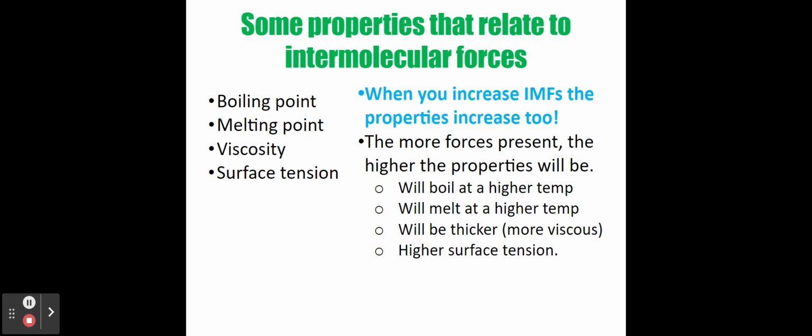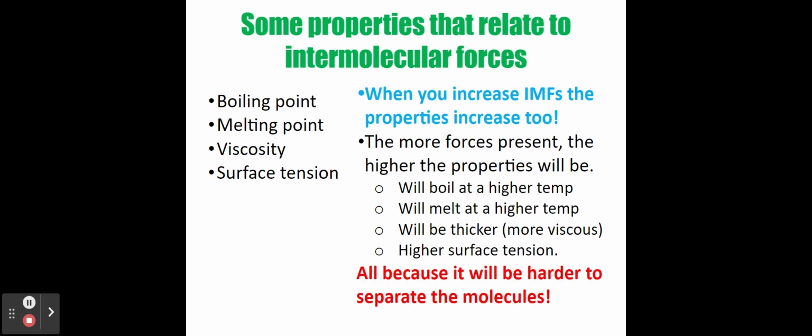It's going to be harder to break the surface tension. It takes more energy to do that. All of this is because it is harder to separate the molecules. So again, the main point here is that stronger intermolecular forces means that the molecules are attracted more strongly to each other. So they're going to be more strongly stuck together, and it's going to take more energy to separate them.